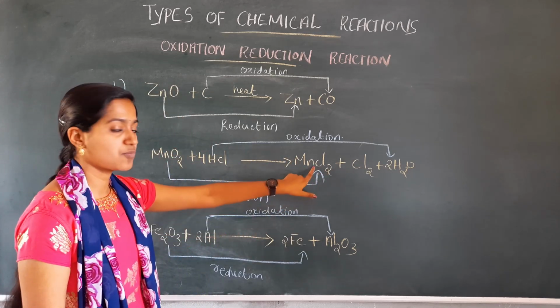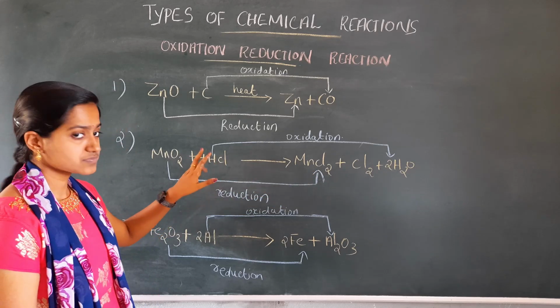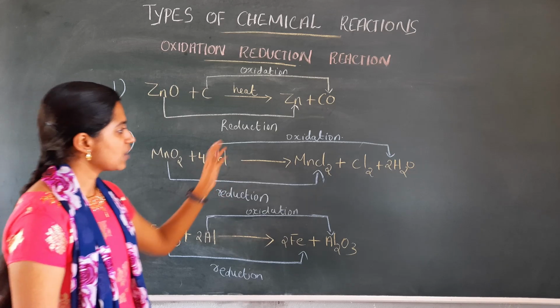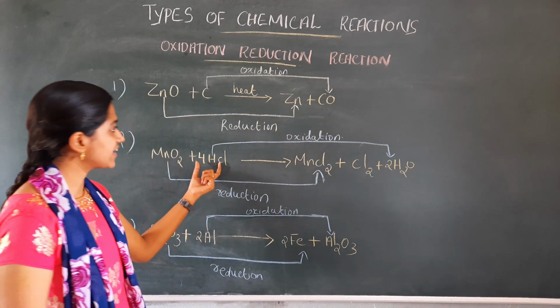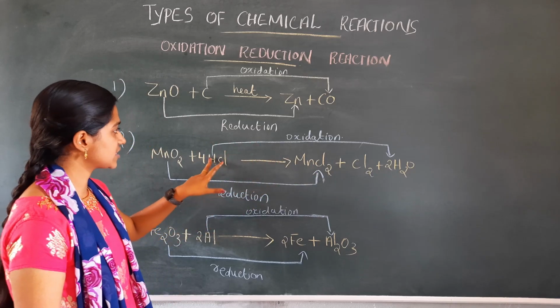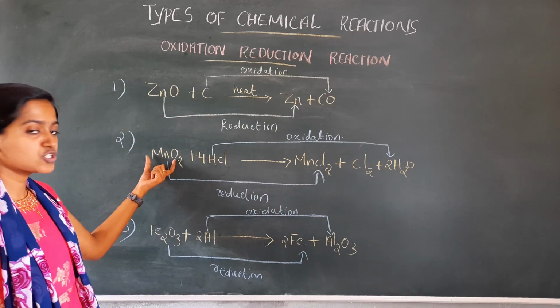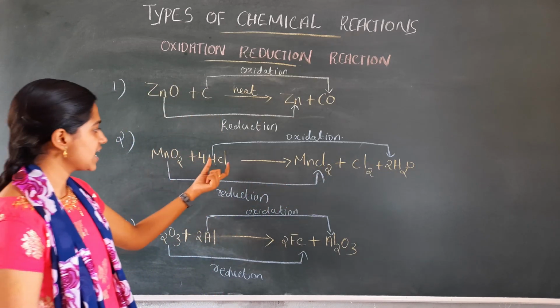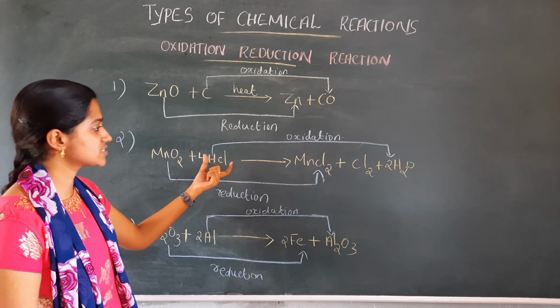So, it is an example of reduction. Here, from HCl or hydrochloric acid, hydrogen is removed and water H2O is formed. That means this represents an oxidation reaction. So here MnO2 acts as an oxidizing agent and hydrochloric acid acts as a reducing agent.